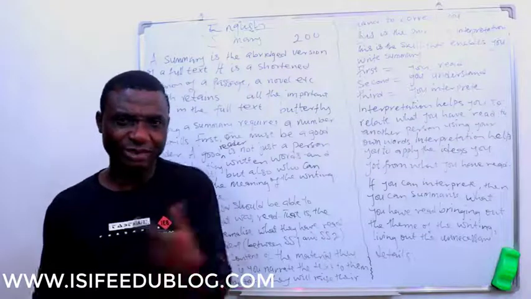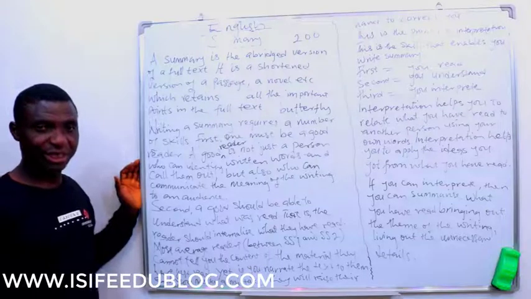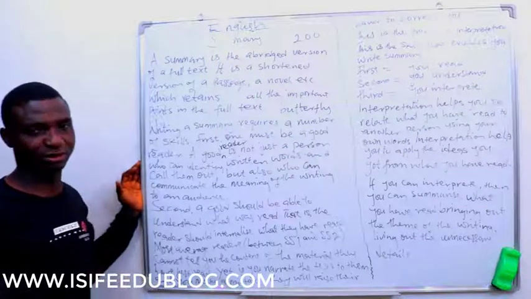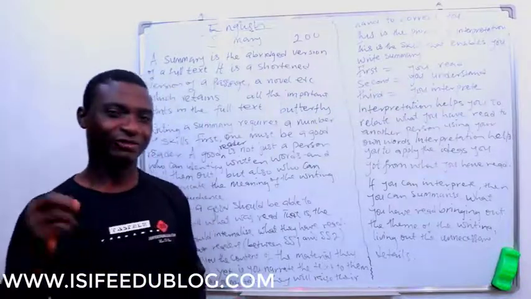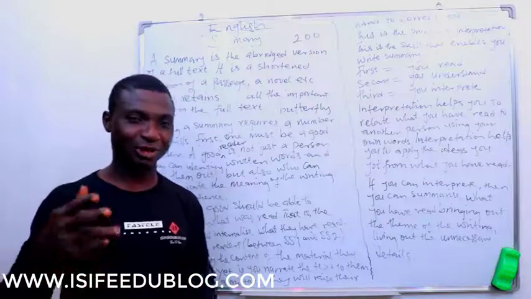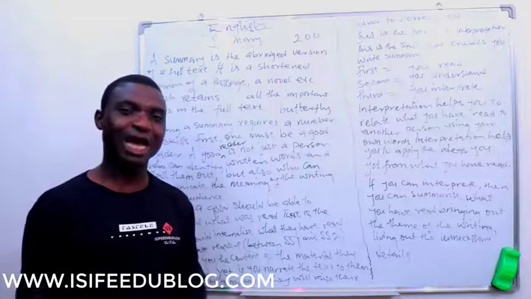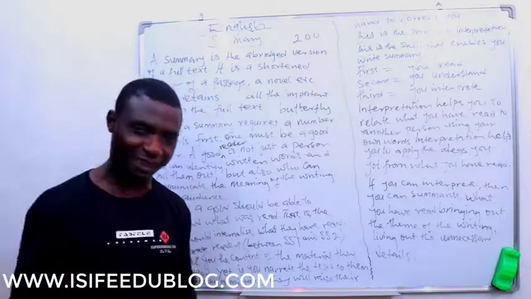What of the second, which is you reading and getting to understand what you have read? These are two different things now. First, I talked about reading and communicating ideas to an audience. Now I'm talking about reading and communicating the ideas in the text you're reading to yourself.